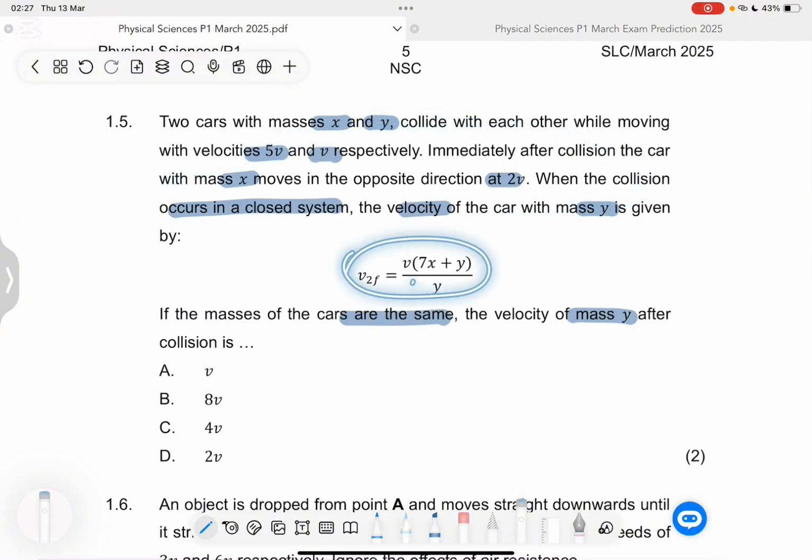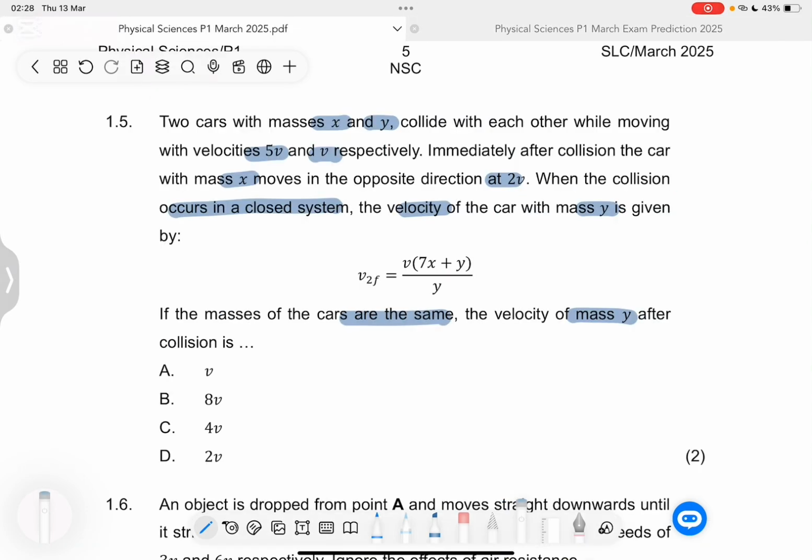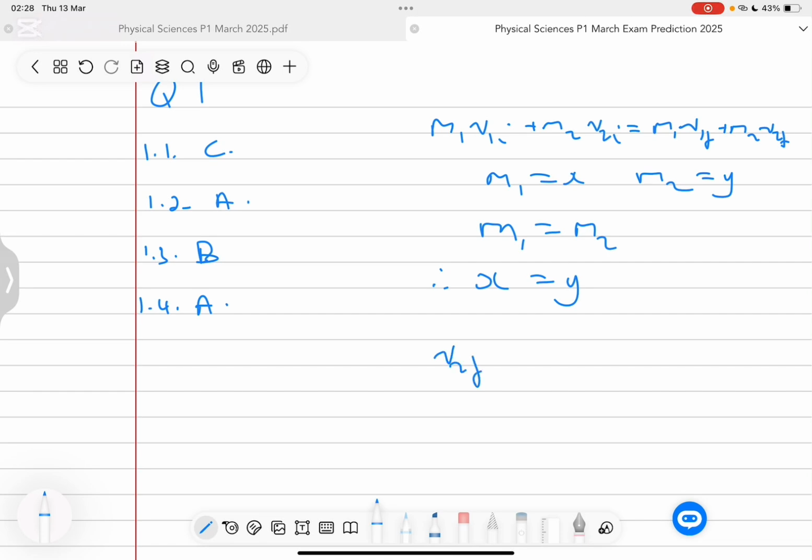We are now saying that if the two masses are the same, that would mean that M1 is the same as M2, so x is the same as y. They are then asking us what is the final velocity of y after collision. So what would be the V2 final?